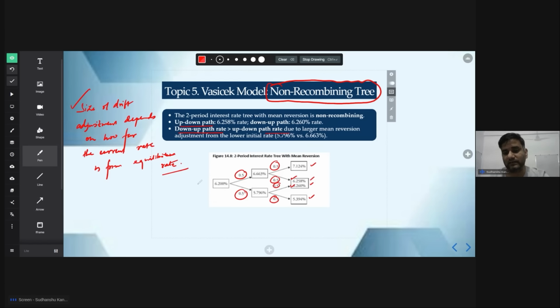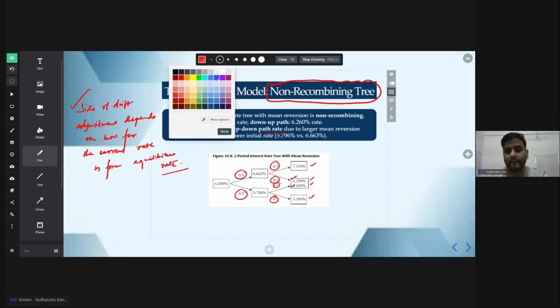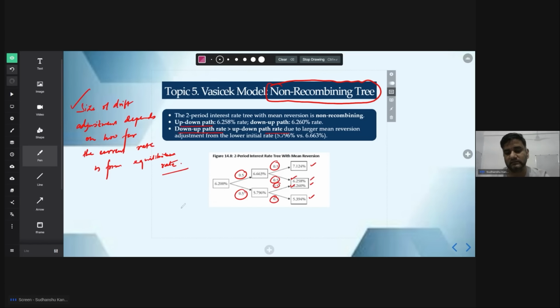Now, 5.796, please understand, 5.796 is further away from your theta, right, than 6.663.